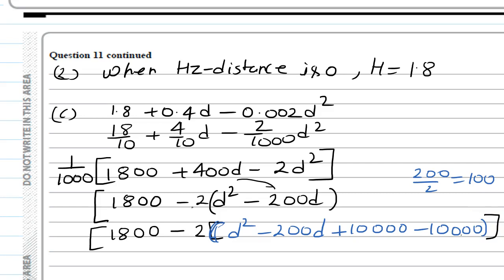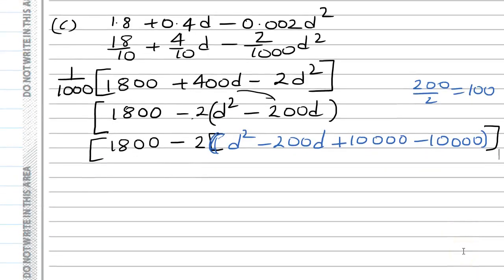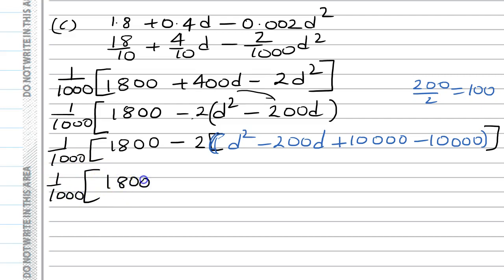Okay, so outside it is 1 over 1000, it's coming down here. 1 over 1000, so it will be 1800 minus 2. This bit here we can write down minus 2.